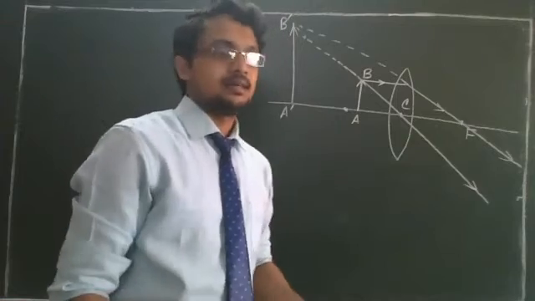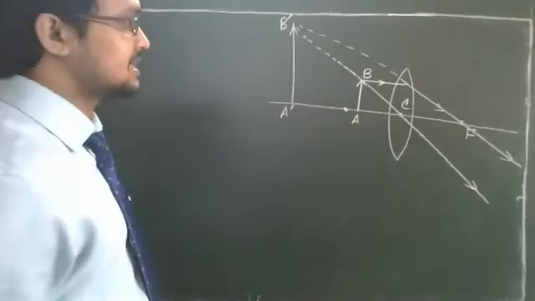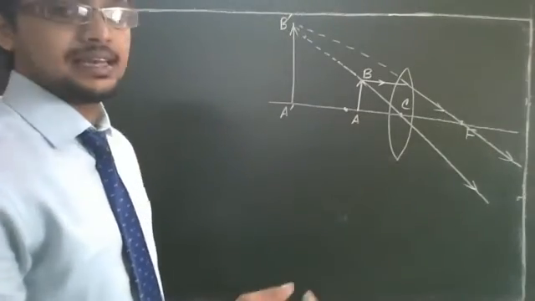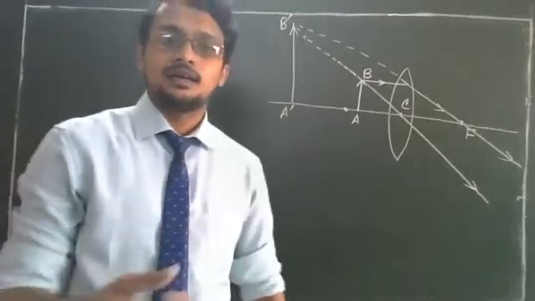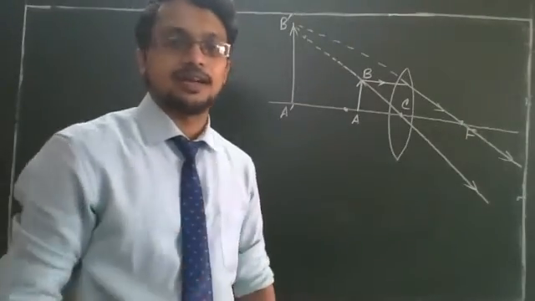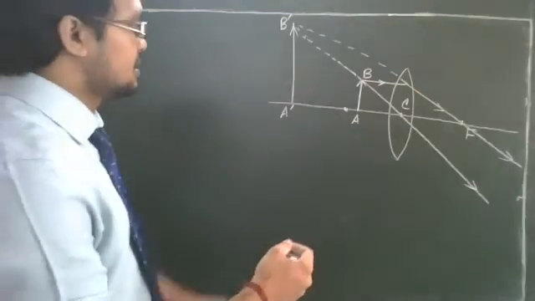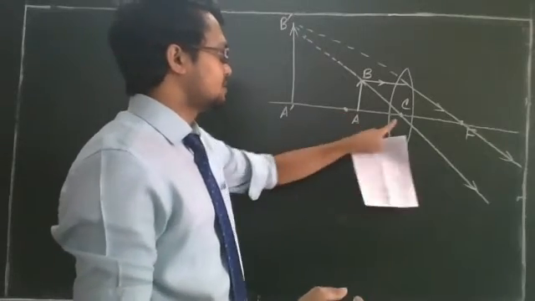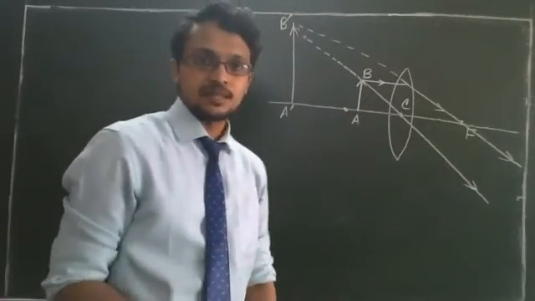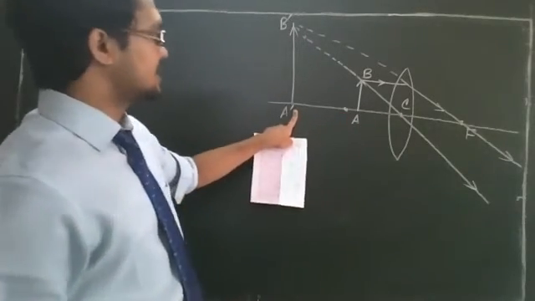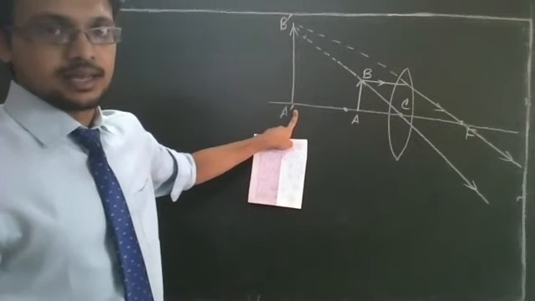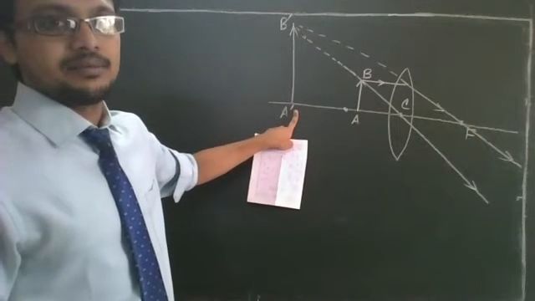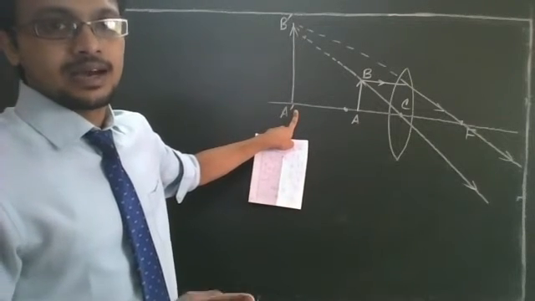So suppose we are using this lens as a magnifying glass. That means when we are using that lens for reading any material, any very small writing, we will place that writing between the focal length and center of curvature, and the image should be formed at the minimum distance of human eye vision.